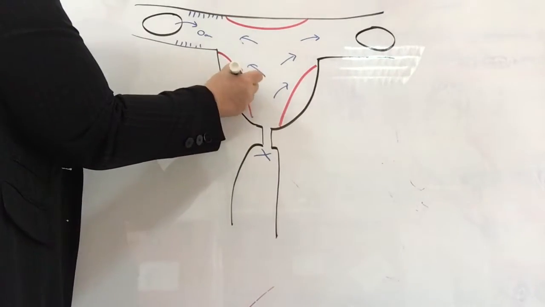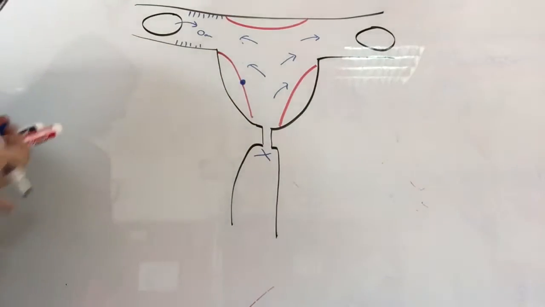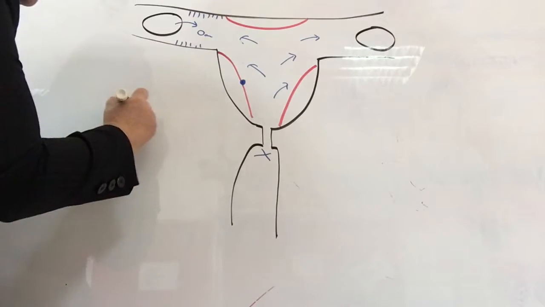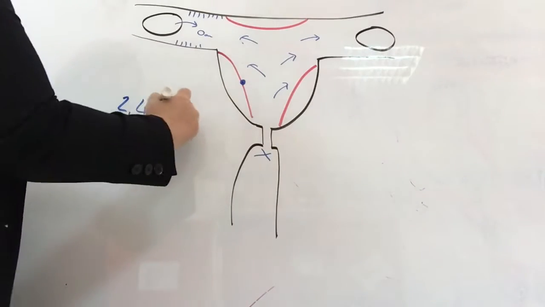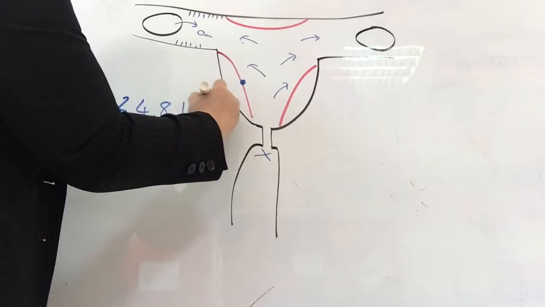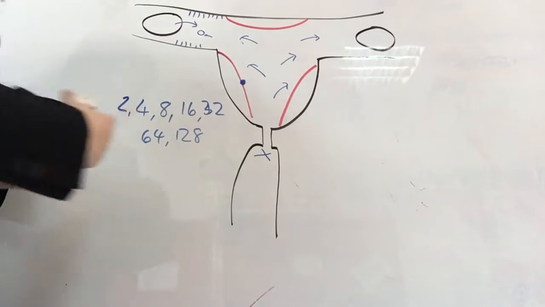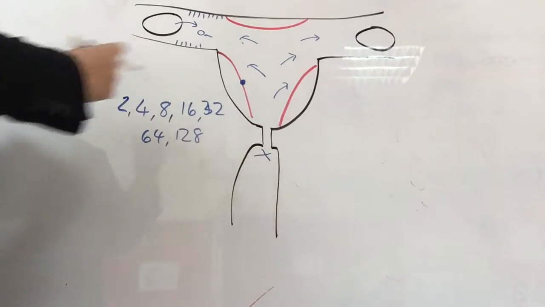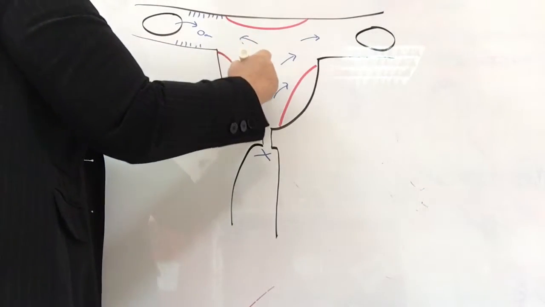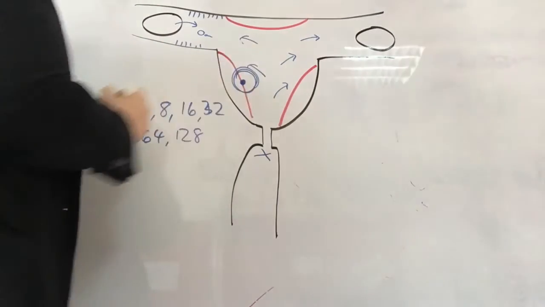So assuming it implants here, it then divides into 2, into 4, into 8, into 16, 32, 64, 128, and very soon becomes a big ball, a big mass of cells.